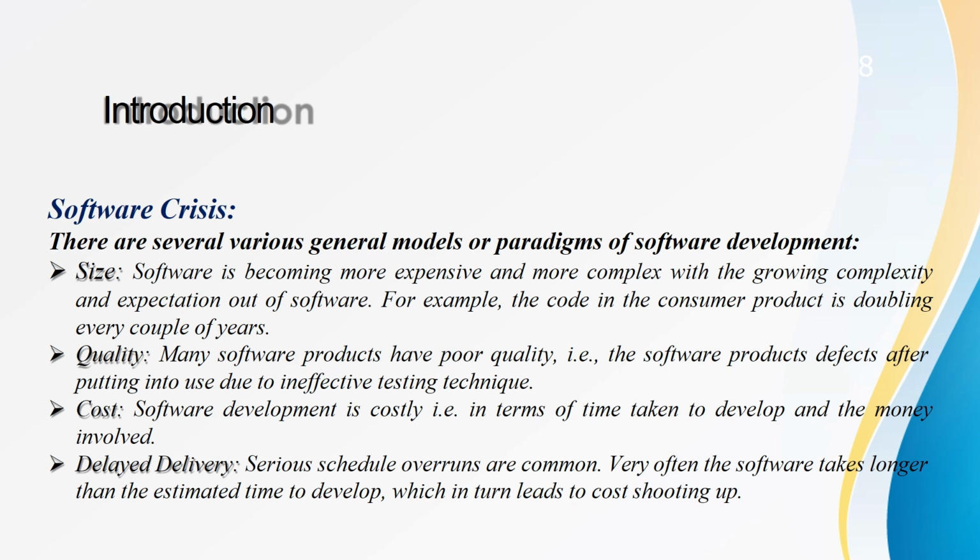Software engineering. Now we are going to discuss the definition of software engineering. Software engineering is a systematic, structured approach to develop, operate and maintain software. To maintain software, we need one systematic approach, which is called software engineering.